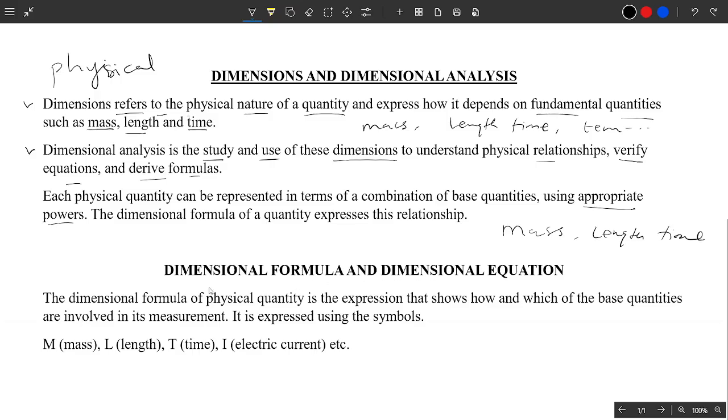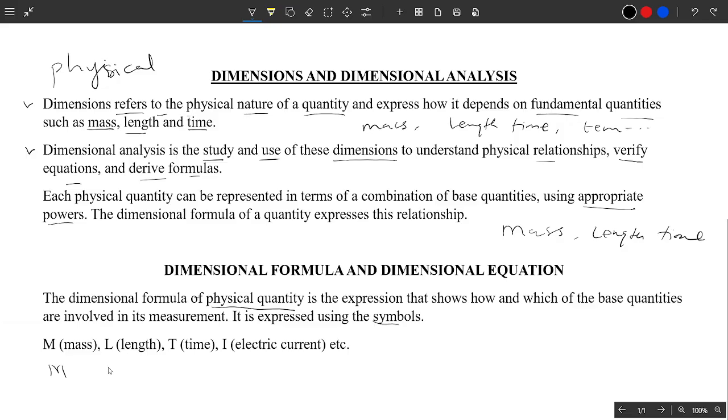So the dimensional formula of a physical quantity is the expression that shows how and which of these quantities are involved in its measurement, and it is expressed using symbols. We have mass, capital M, as a representation of what?